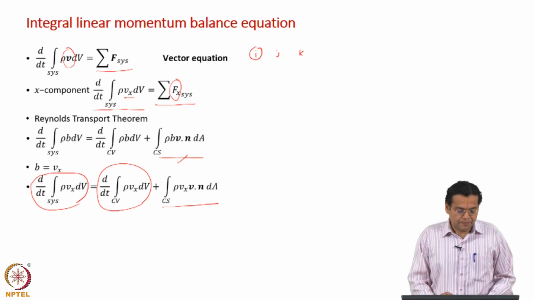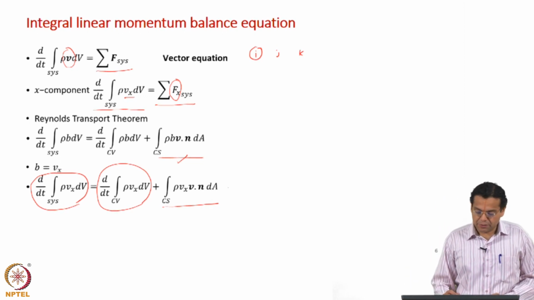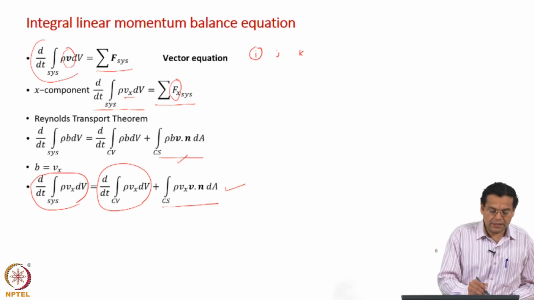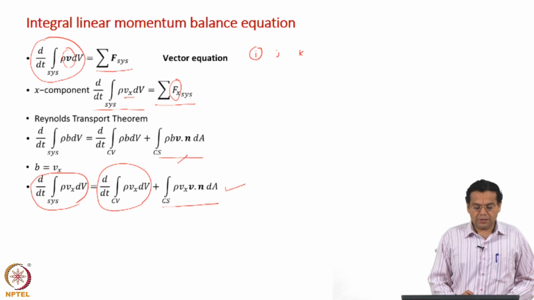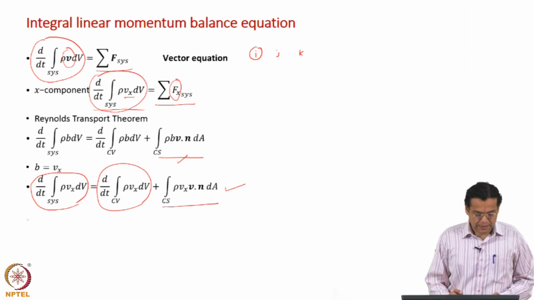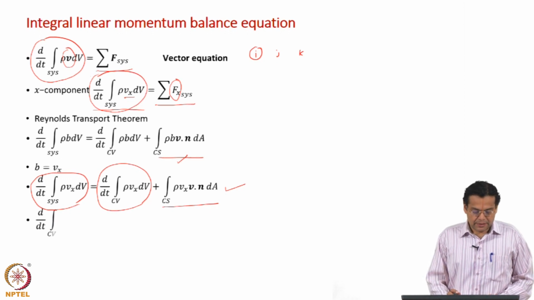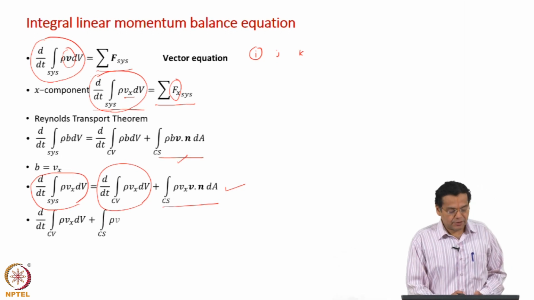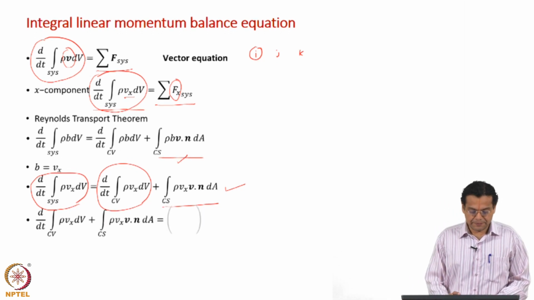Now, we use the Reynolds transport theorem in the left hand side of the law of physics, the Newton's second law of motion. We substitute here and express the left hand side in terms of control volume and control surface.